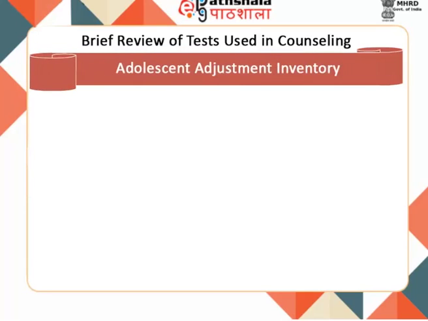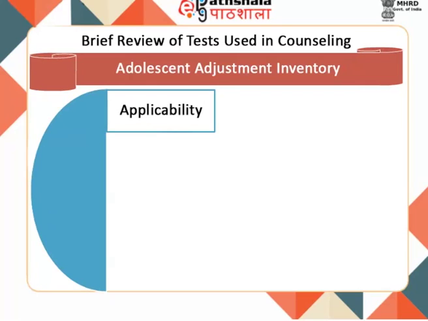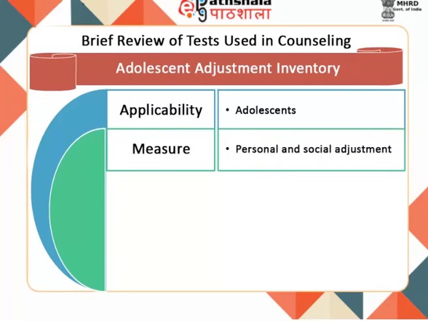Adolescent adjustment inventory. Applicability: adolescents. Measures personal and social adjustment. Items on personal adjustment measure neurotic tendencies, feelings of inferiority, guilt, personal worth, and attitude towards future.